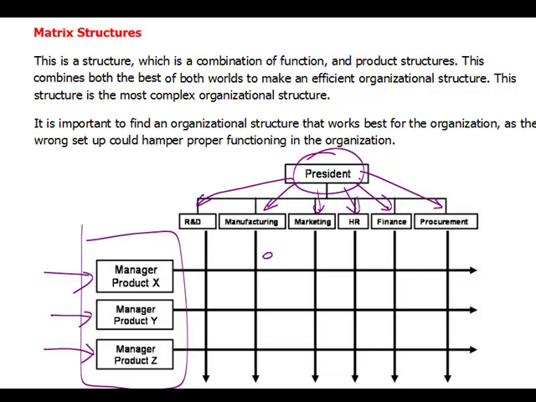So a person here will be responsible in front of the product manager if that person is involved in the manufacturing of product X, but will also be responsible to the head of manufacturing in general.